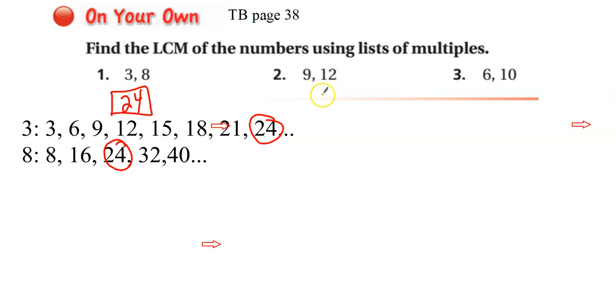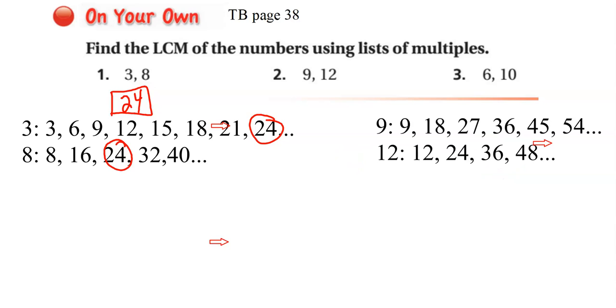And then I could do the same thing with 9 and 12. Okay, there's my list of multiples for 9 and 12. Again, I usually start with the list that has fewer multiples in it.